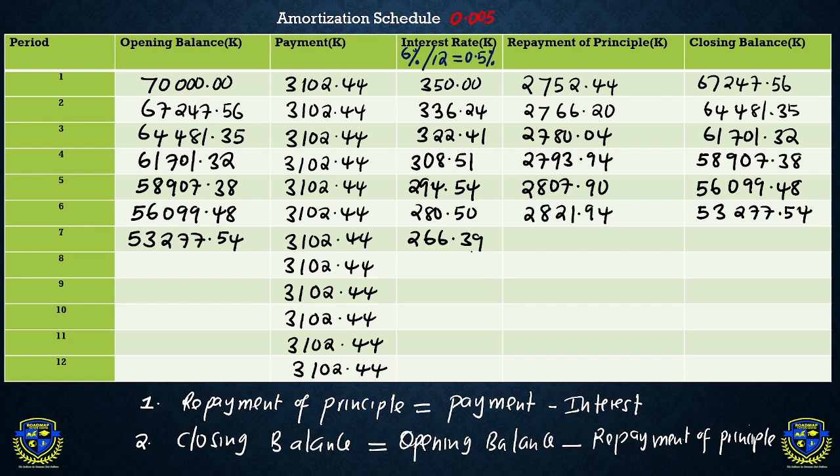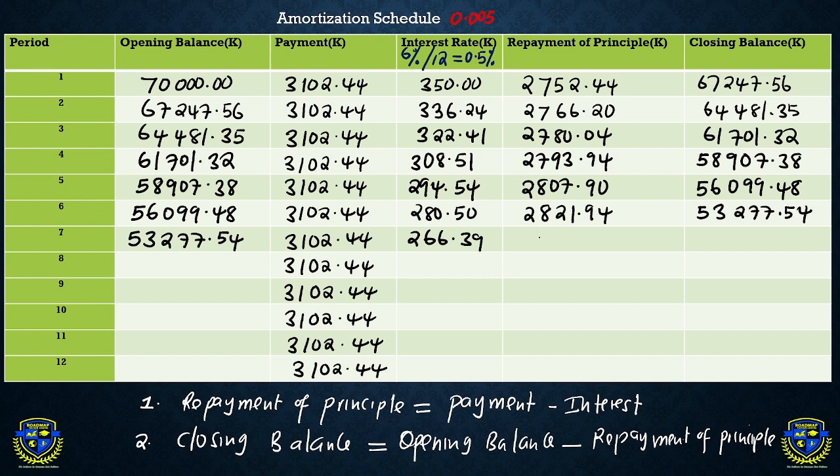Then you subtract payment minus the 266.39, payment being 3,102.44 minus 266.39.